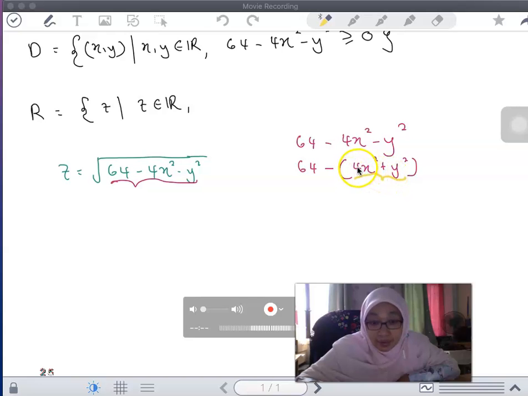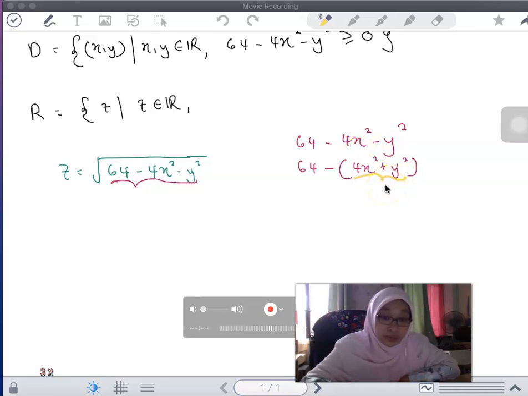You can see that 4 times x squared, for this term, whatever value of x that you put in, the value is always positive and can be 0 as well. If you put 0, then the answer here is 0. And similarly for y, whatever value of y that you put, negative, 0 or positive, the value of the second term is also always positive. So positive plus positive, and the total value inside the bracket is always positive.